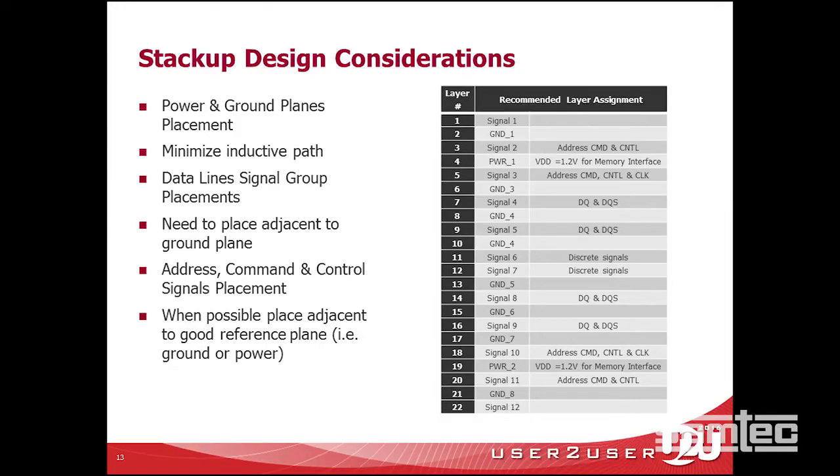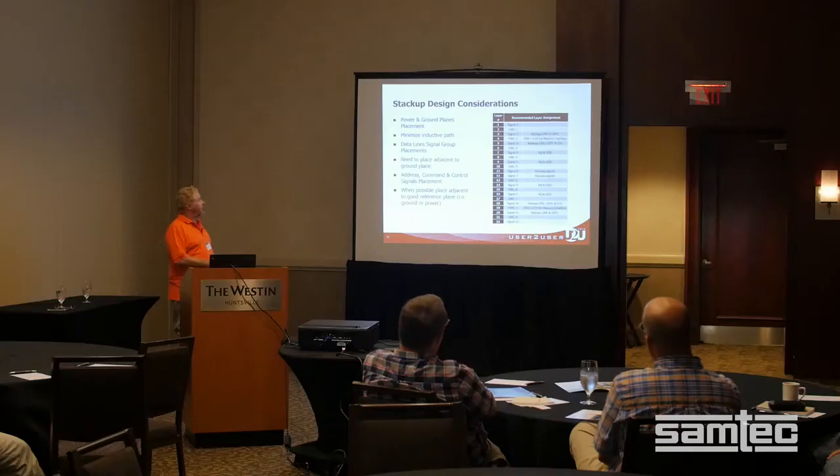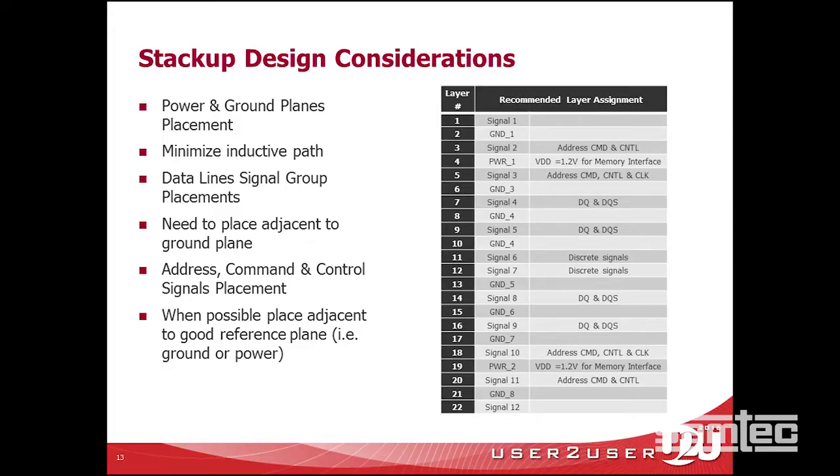Okay, we're going to look at some of the stack up. Now, this is not a typical stack up. This was just a board we used, but I wanted to show you what we think is important on a stack up. Obviously, for just DDR, we don't need 22 layers, but there were a lot of other things on this board. So where do you put your planes? Minimize the inductive path on the planes because some of your high current items, you would like those planes to be close to the part.